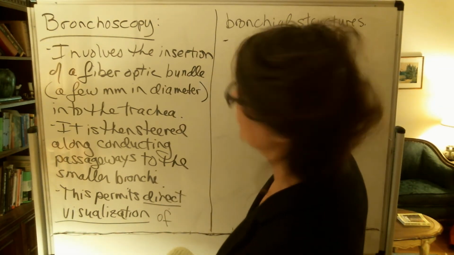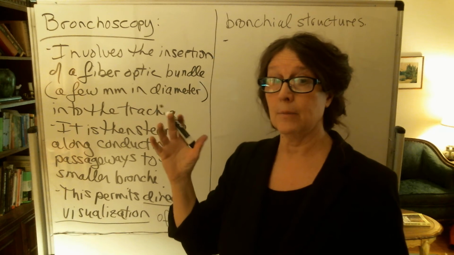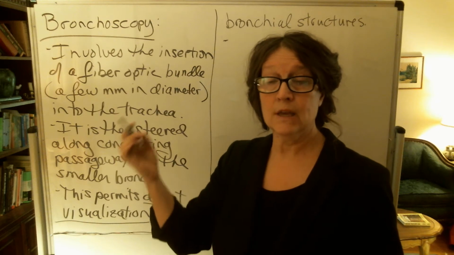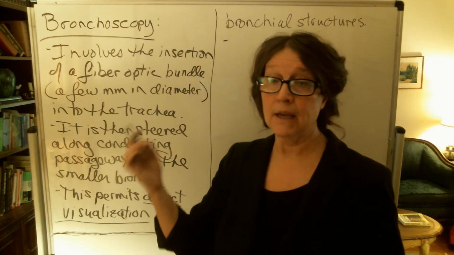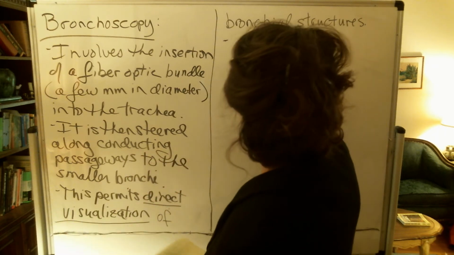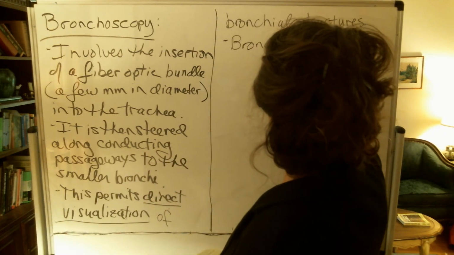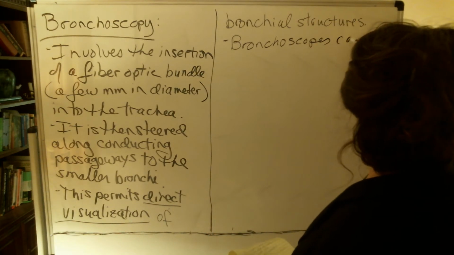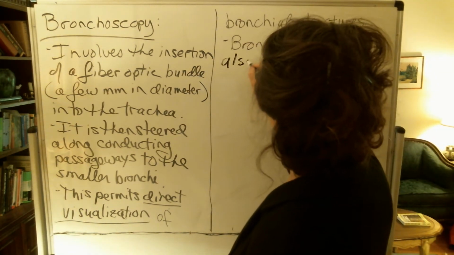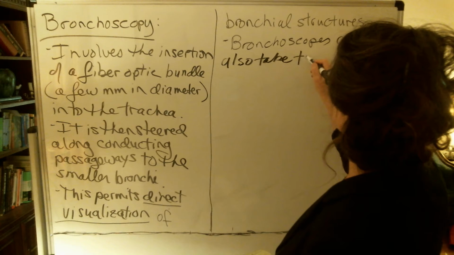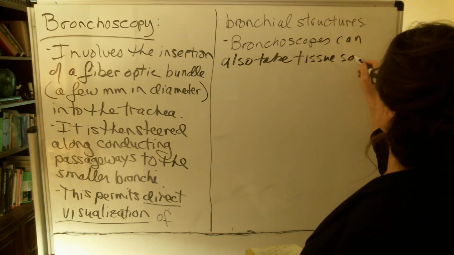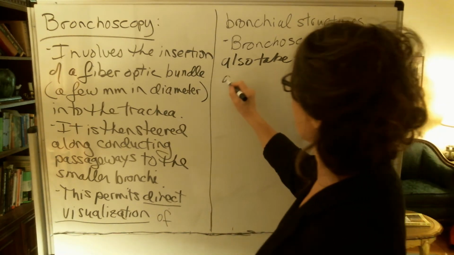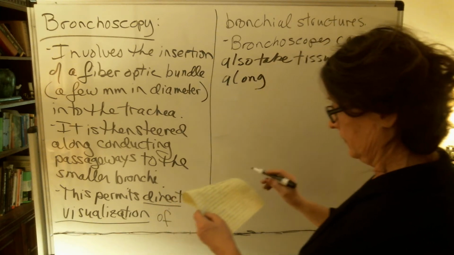And suppose you get to that area that looks like it might be cancer. You can then take a sample of the tissue so that you can take it back to the lab and culture it up and see what those cells really are. So bronchoscopes can also take tissue samples along the way.